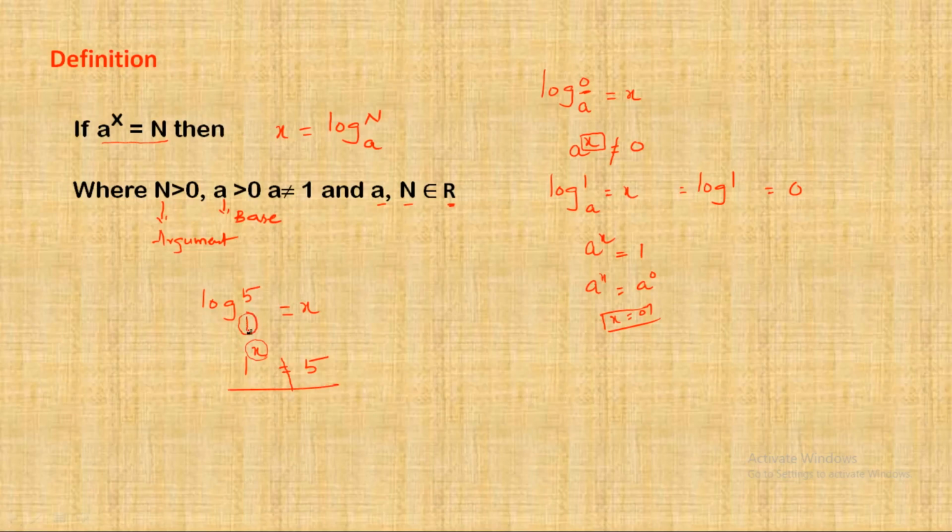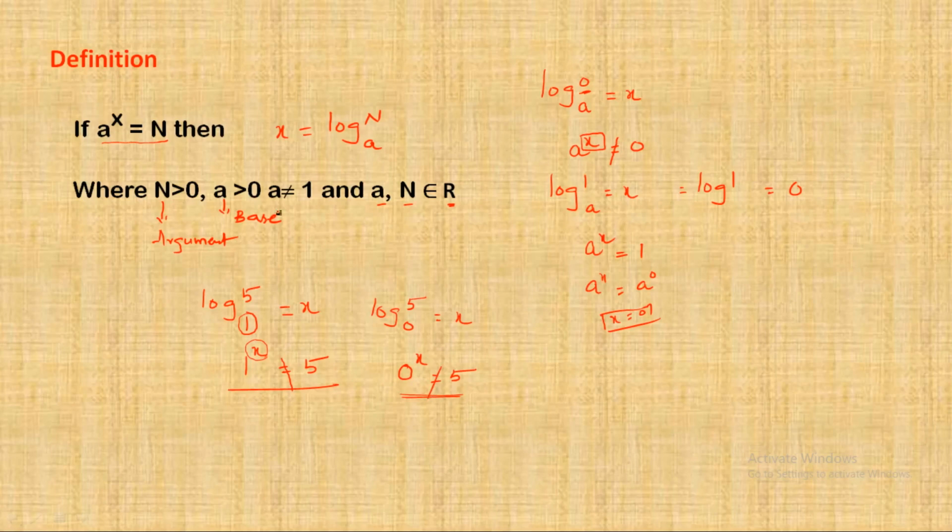What is the other condition? It should be greater than 0. If it is 0, the same case arises. So log 5 to the base 0 is x. Then the exponential form is 0 to the power of x equal to 5. This is also not valid.